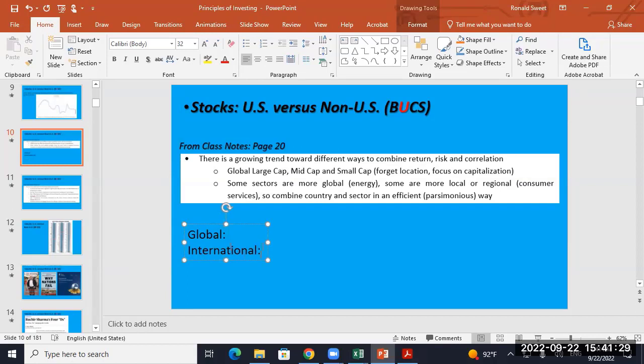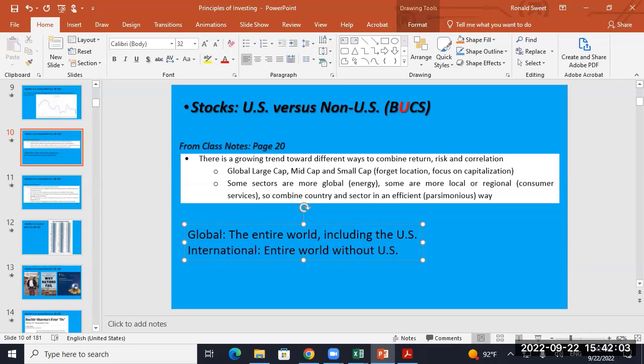If you go out to Vanguard, they have global stock funds and they have international stock funds. What do you think is the difference? So global is the entire world, including what? The US. So what do you think international is? Our world without the US. So that's the key. Global means the US is in there. International means there's no US stocks in there.